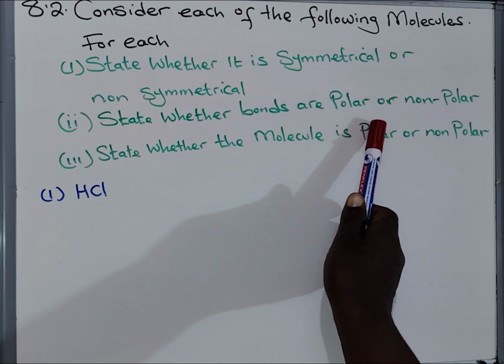Then we come to the second one. Are the bonds polar? Definitely they are. Carbon is different from nitrogen, so obviously this bond is polar. And carbon is different from hydrogen, which makes that one polar. So yes, the bonds are polar.